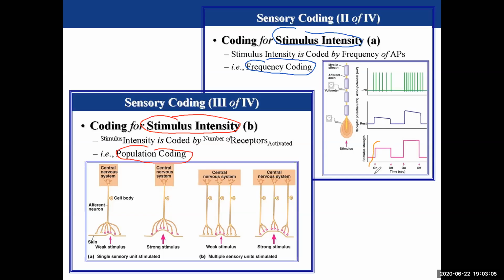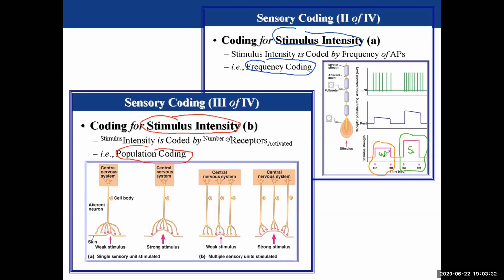There's one here, and there's another one over here. The green is stronger, right? So stimulus strength, this is stronger. This is a stronger stimulus. This is a weaker stimulus, right? W for weak, S for strong, right?